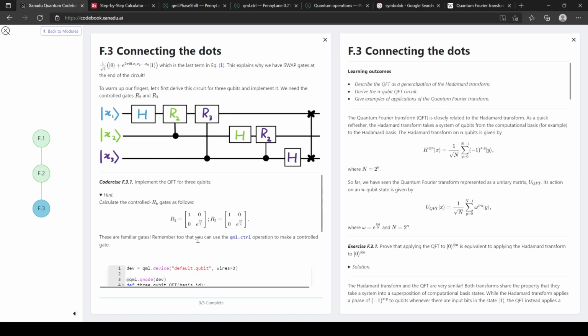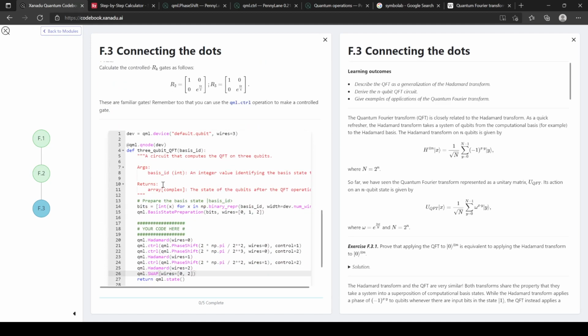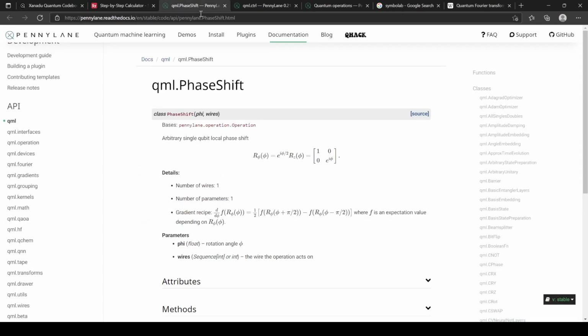So this is the circuit we want. Something, I probably just mistyped something. Let me check the phase shift gate.